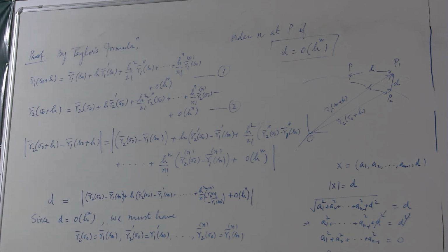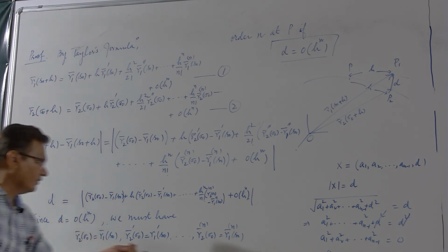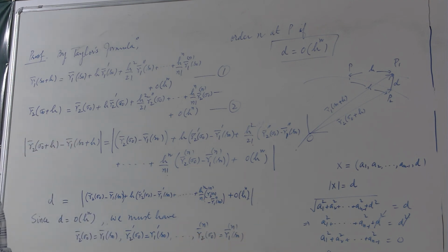So two curves have a contact of order n if and only if their derivatives up to order n coincide from 0 onward.